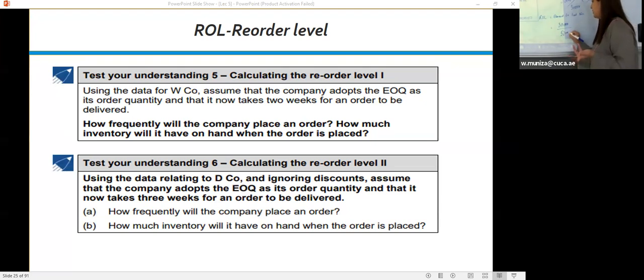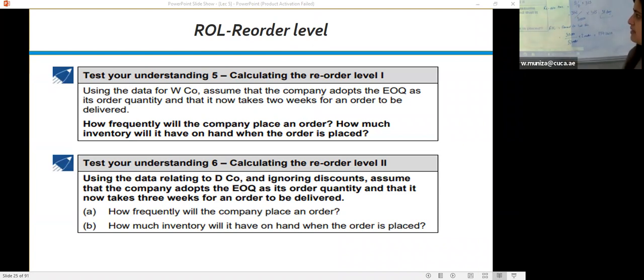And what is the lead time? 2 weeks. This will be your reorder level: 1154. 1154 units must be in the inventory, at which time you must place an order. So how frequently? After every 38 days. Got it? Now try the next question.